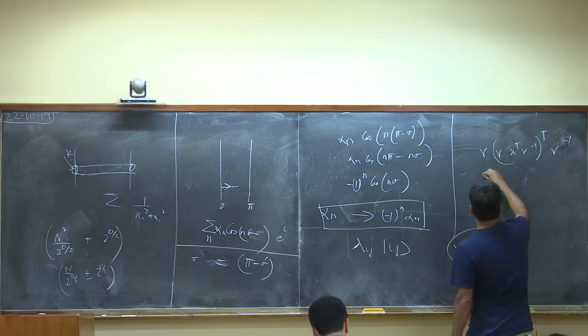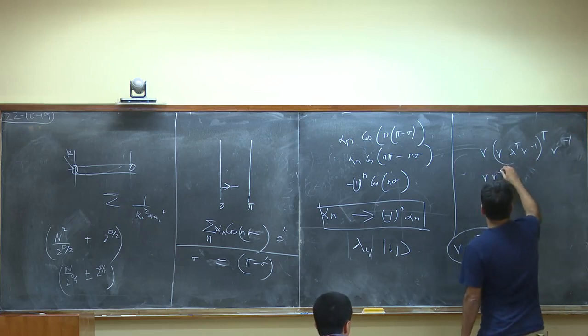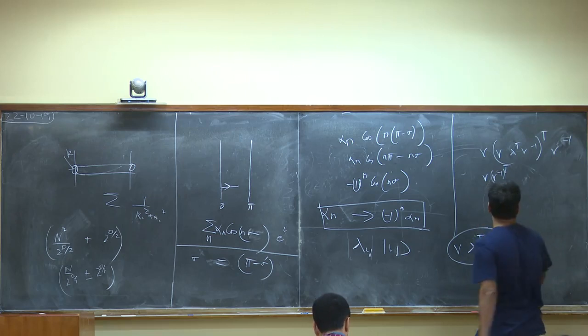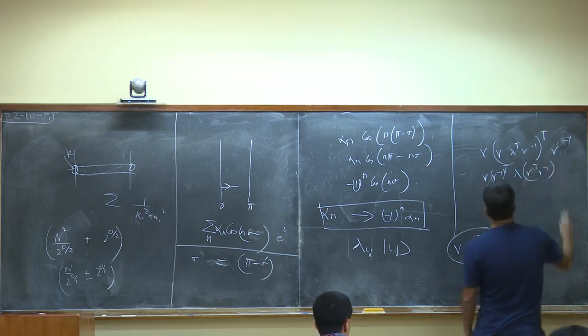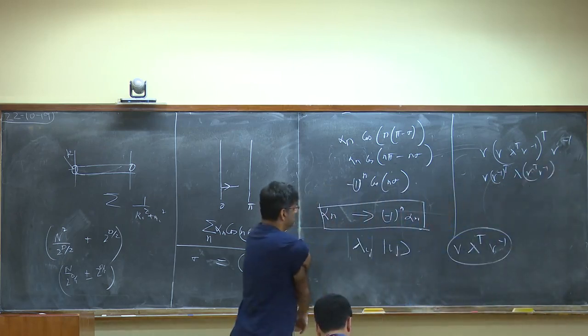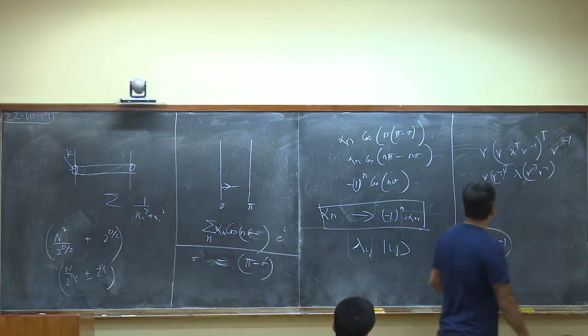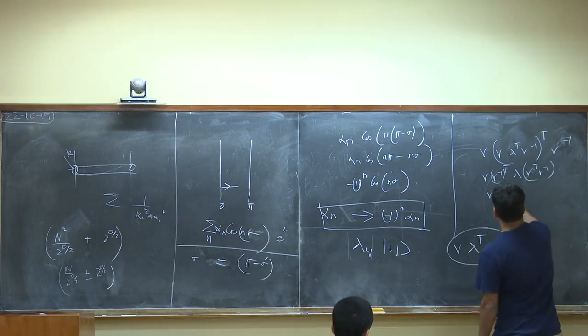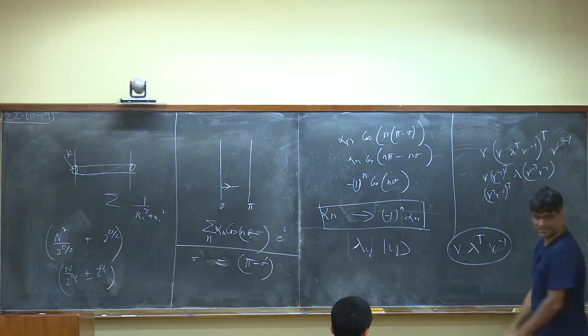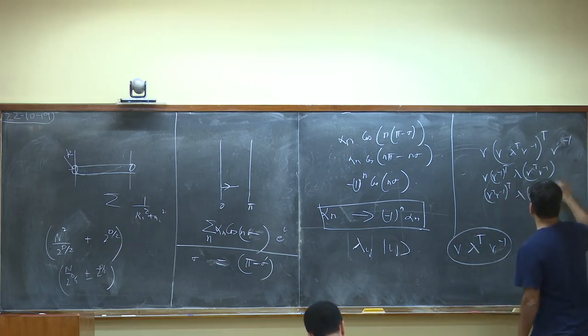When we transpose, we get gamma inverse transpose lambda gamma transpose gamma inverse.